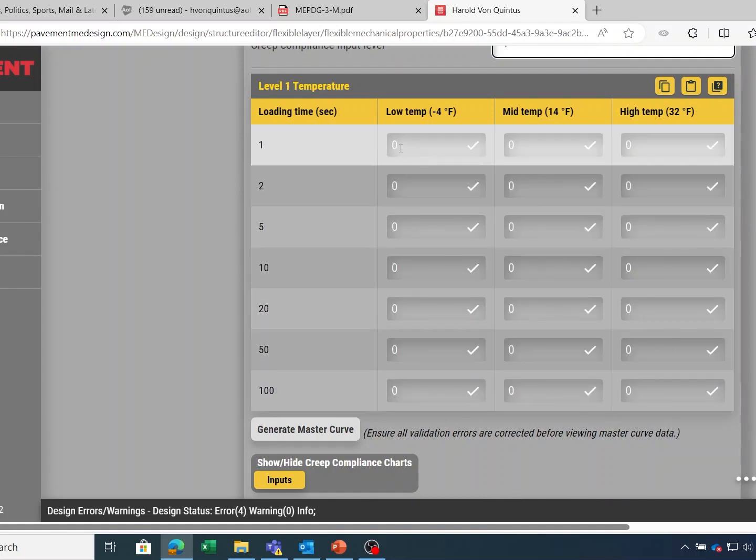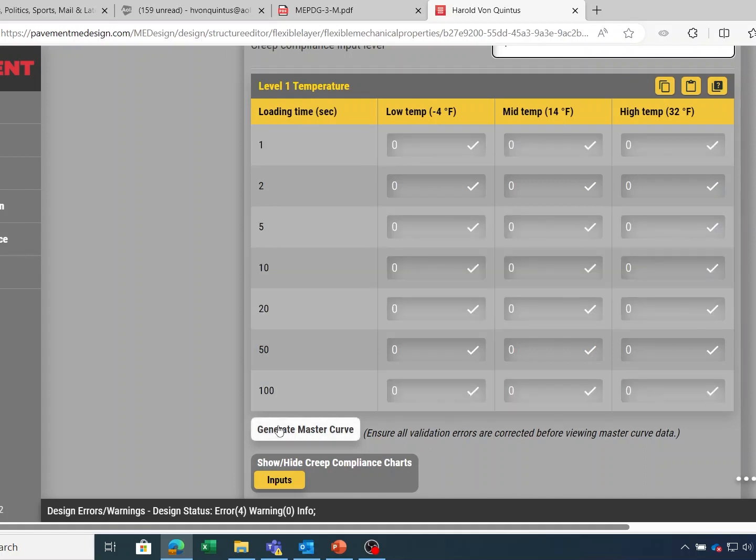So this is usually imported in from an XML library where the creep compliance values have been measured for a specific type of asphalt layer's specification for the wearing surface.